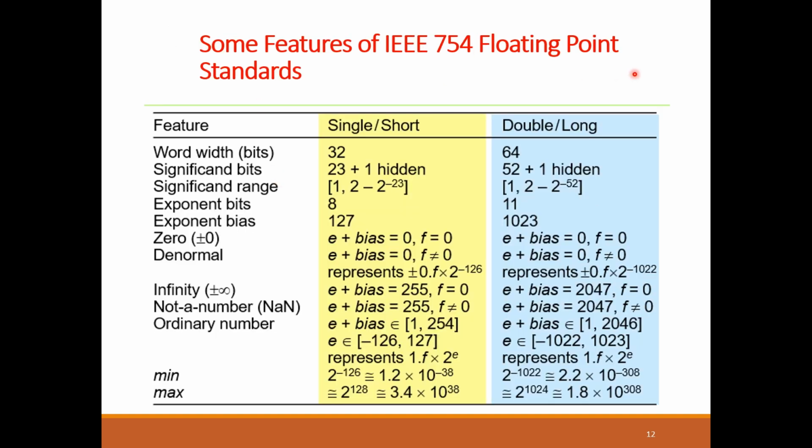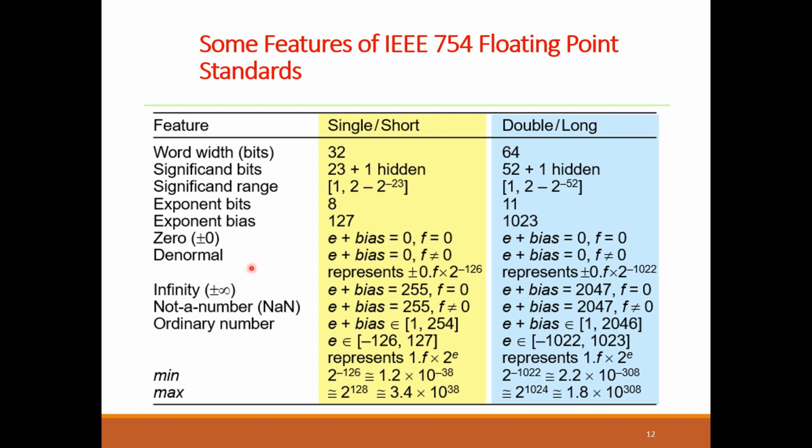Some features of this number representation system: single precision is 32-bit, double precision is 64-bit, and the significant bits are 23 in the fraction part plus 1 hidden bit before the fraction. The significand ranges from 1 to very close to 2. The exponent is 8 bits with bias 127. To represent a 0, the exponent will be all 0 and the fraction will be all 0.